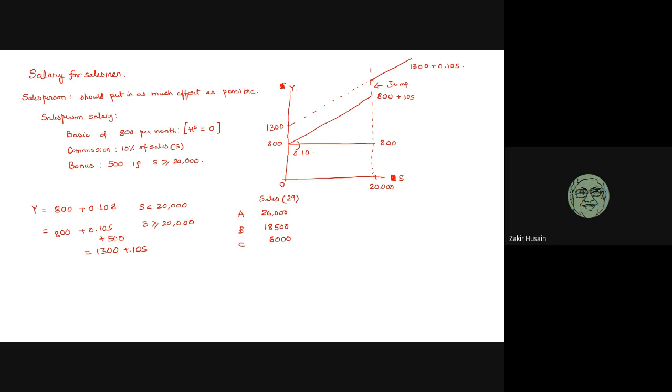Now the first question is, so obviously all of them are putting in effort and making some sales. Now look at C. Where is C? C is somewhere over here, 6,000. Will C put in extra effort? No, sir.